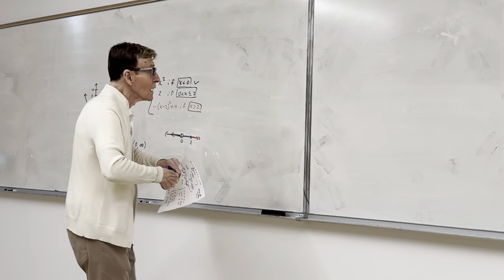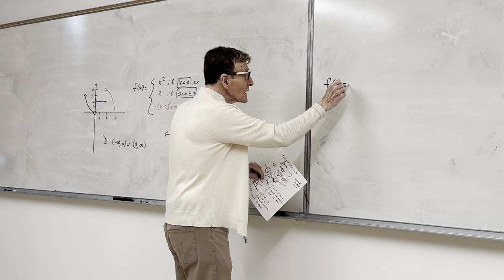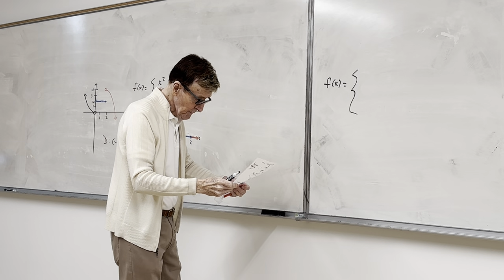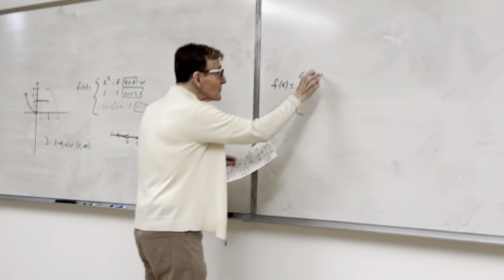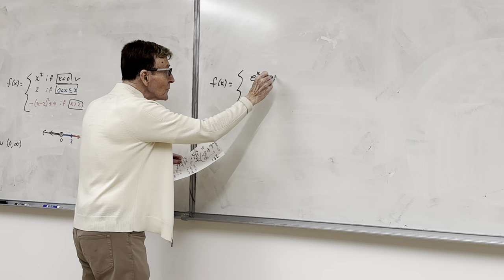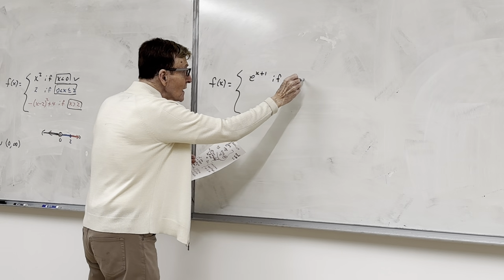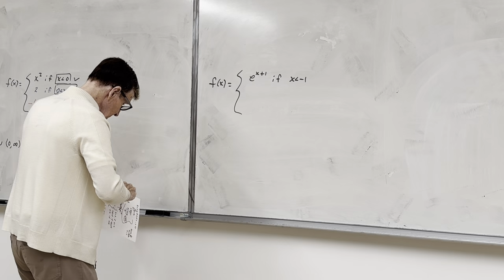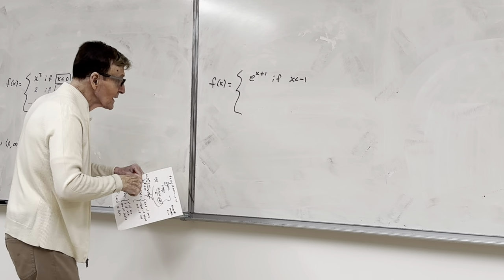Sketch, say f of x is equal to, and it looks like this one also has 3 pieces. This, if this, okay, blue for the second piece. Second piece looks like this.